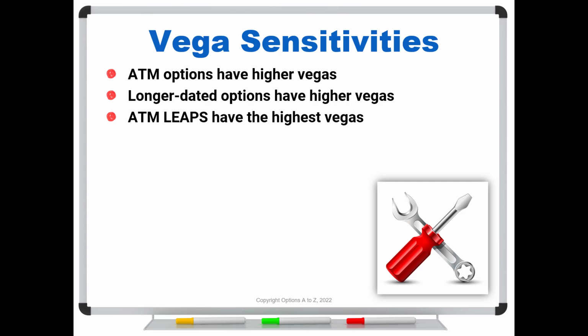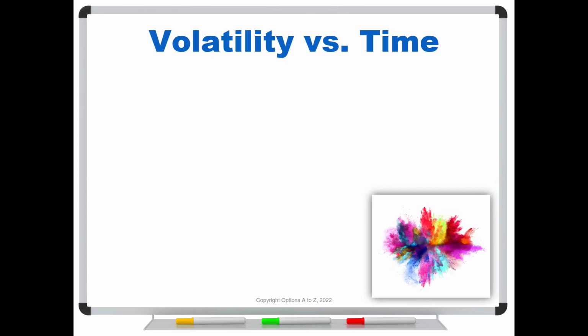They will be the most sensitive to changes in volatility. If you're looking at your broker's platform, it's the at-the-money options and the longer dated ones that are going to have the largest vegas.